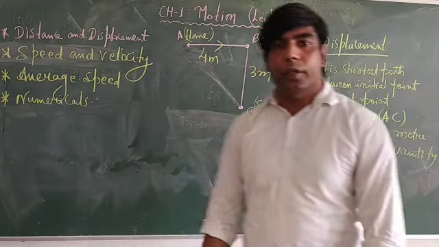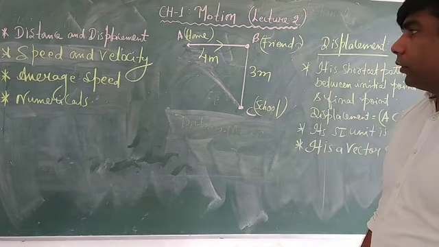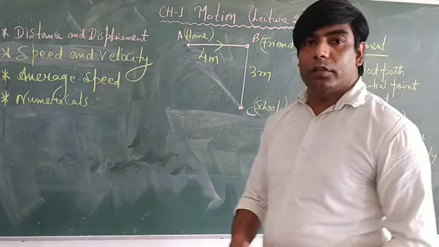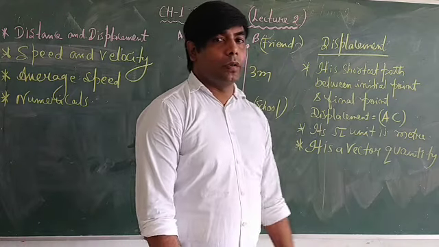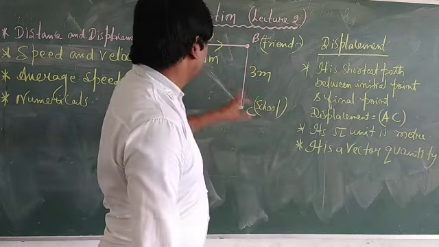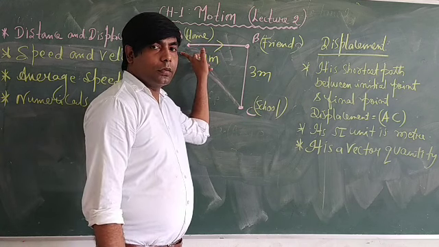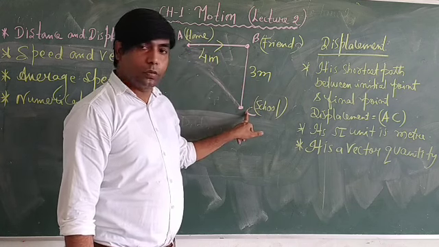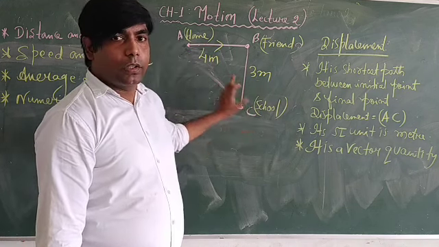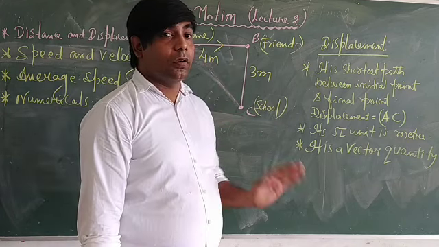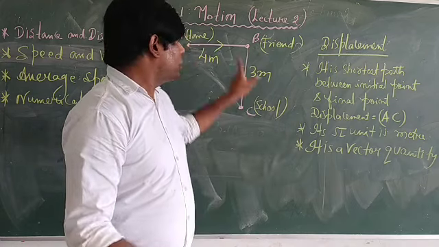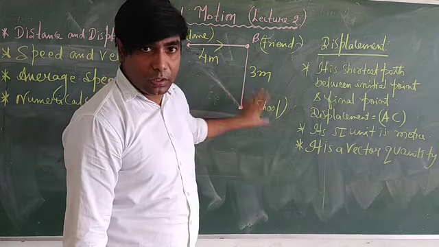So students, next topic is displacement. Displacement is defined as the shortest distance between the initial point and the final point. You started your journey from home, then finally you reached school. So what is your displacement? It is just the straight line distance, or shortest distance, between the initial point A and the final point C in this case.